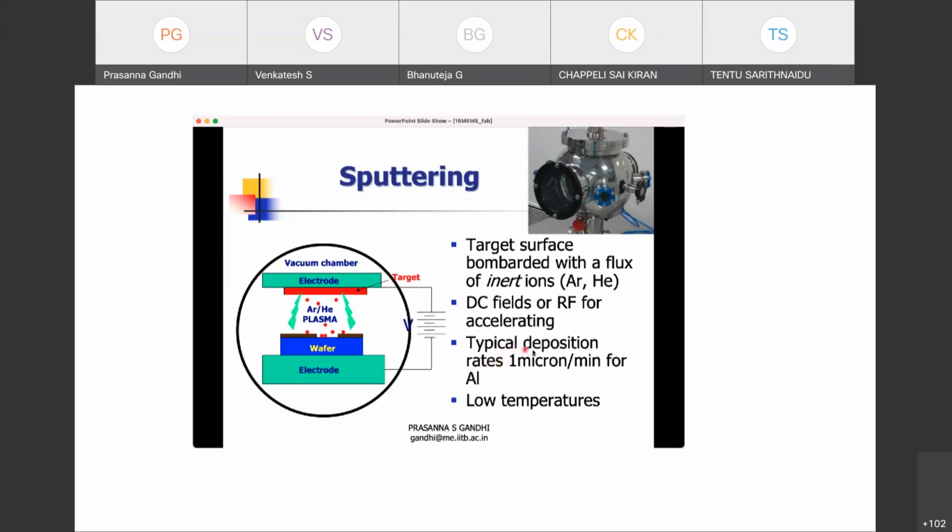The typical deposition rates are very, very slow. It's 1 micron per minute for aluminum, for example. This process happens at very low temperature. Then there are issues like thermal expansion. If you deposit something at a high temperature and then cool it down, the relative thermal expansion of the wafer material versus the deposited material will create stress.